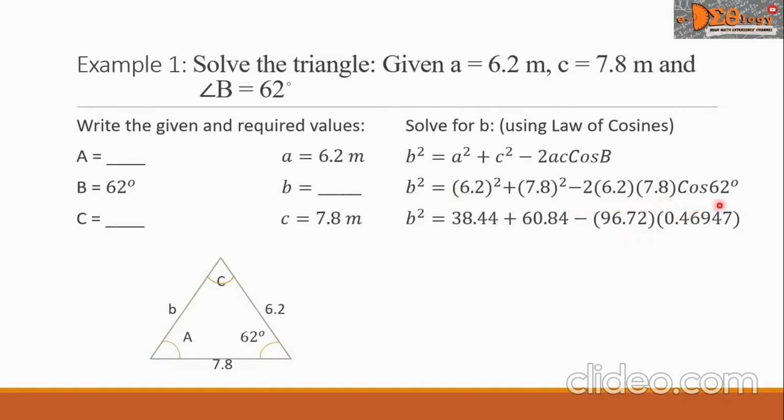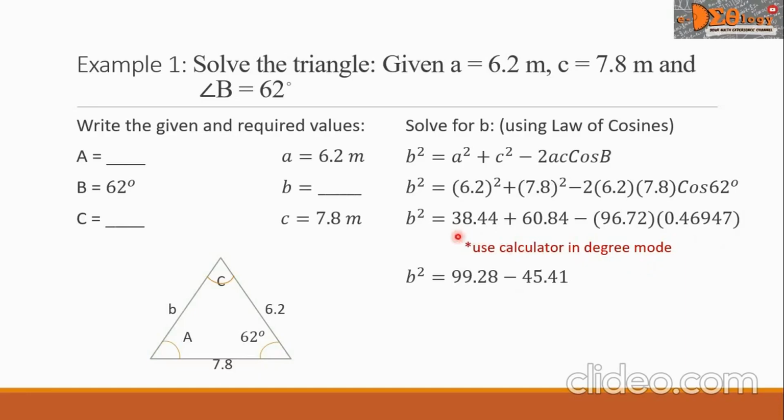The cosine of 62 degrees is 0.46947, rounded to 5 decimal places. Take note, you should use the calculator in degree mode.